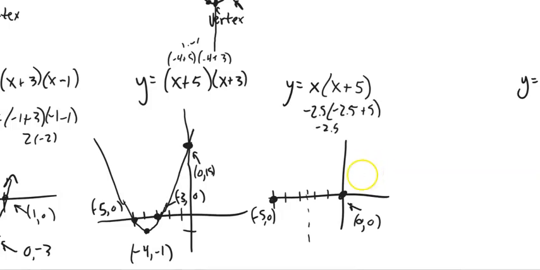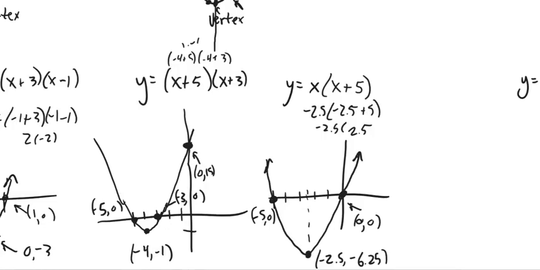So I've got -2.5 times 2.5, which is I think it's -6.25. So I've got the point -2.5, -6.25. There we go. I've got my vertex. I've got my x and y intercepts. They're all labeled. There's a good sketch of it.